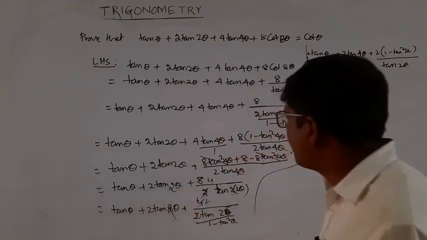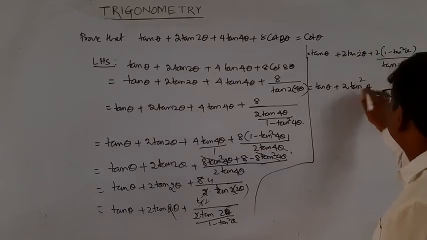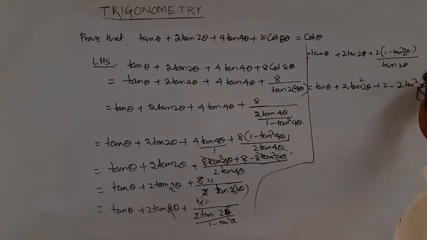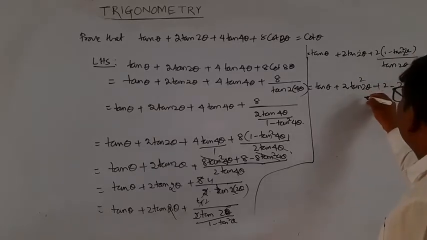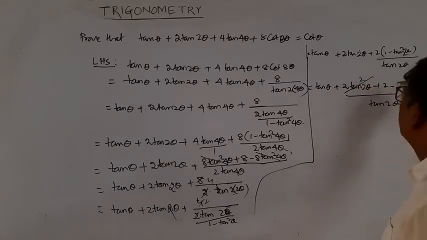So this is 2 tan square theta minus 2 tan square 2 theta divided by tan 2 theta. So this cancels.